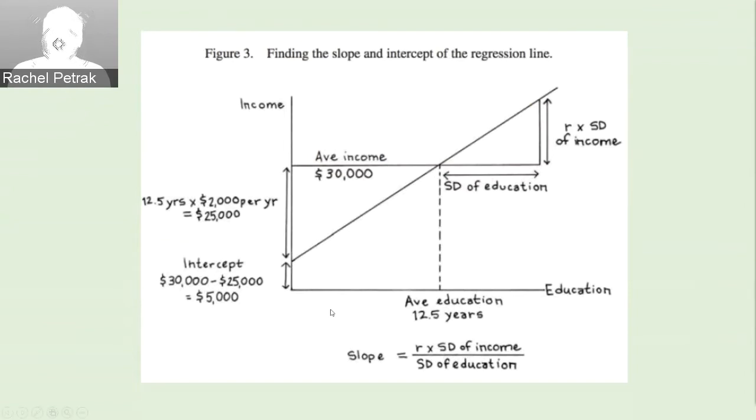And so you can see that we can quantify the slope by taking our R value. If we use this equation to give us a general overview, this is our equation for the slope. We could find the slope for this model by taking our R value, which is conveniently not listed there, but let me verify.